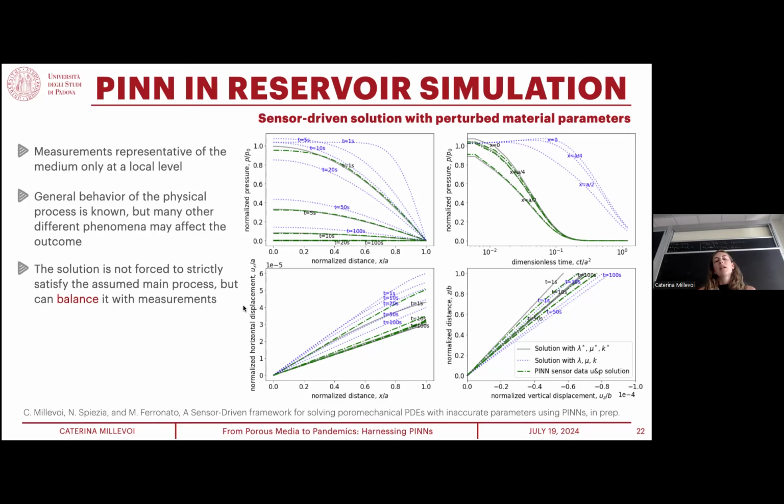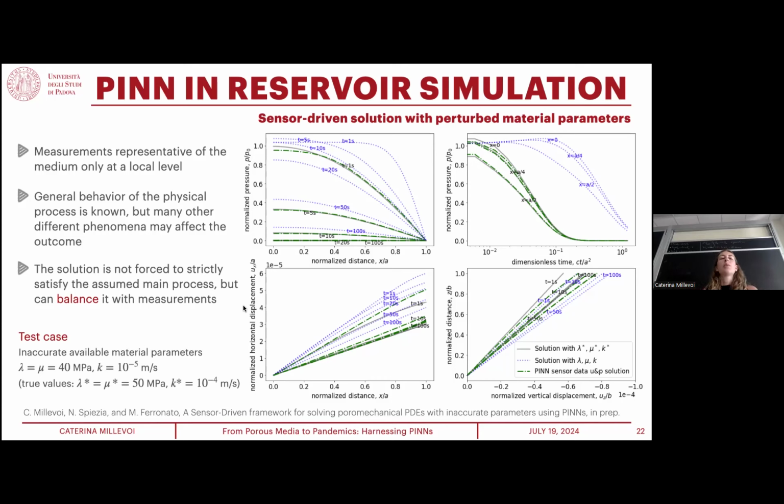balance the residuals with measurements and data fitting, as we have said, because the loss function is given by the summation of many different terms. This makes PINNs suitable in contexts in which, for example, you have an idea of the values of the parameters for the field.